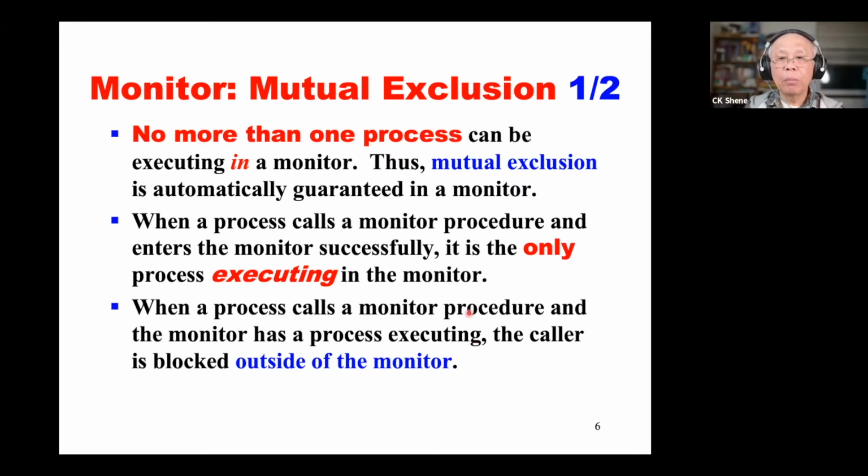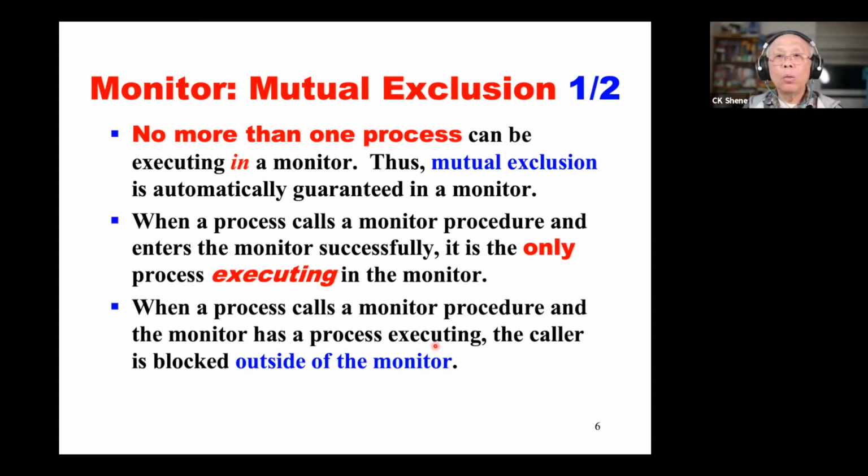So here is an important concept, the mutual exclusion concept of a monitor. At any moment, there's no more than one process that can be executing inside a monitor. When a thread or a process calls a monitor procedure, if someone is already executing inside the monitor, the caller will be blocked outside of the monitor due to the mutual exclusion property.